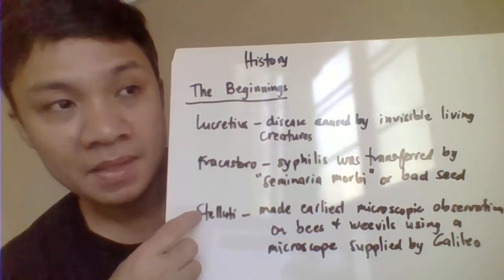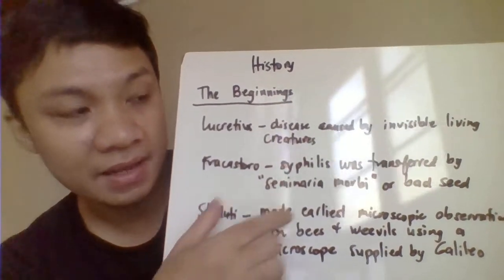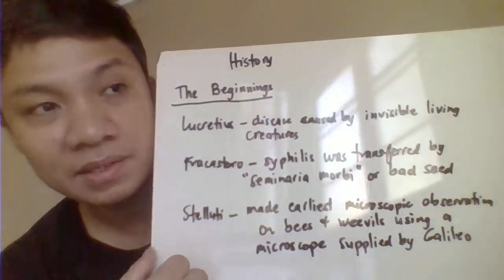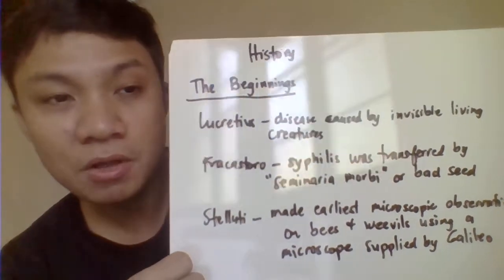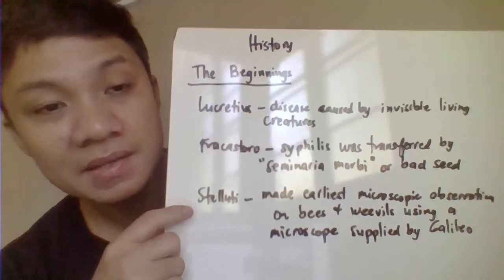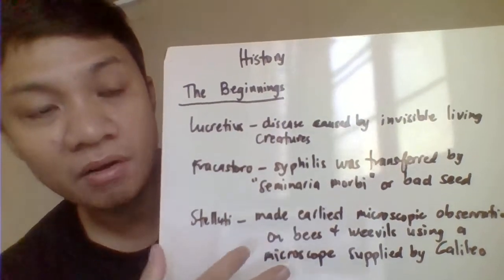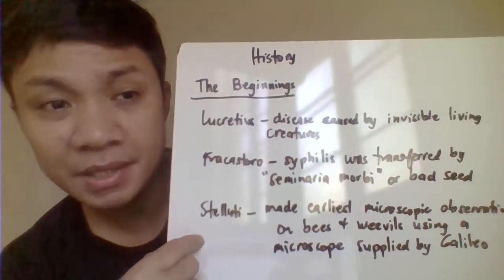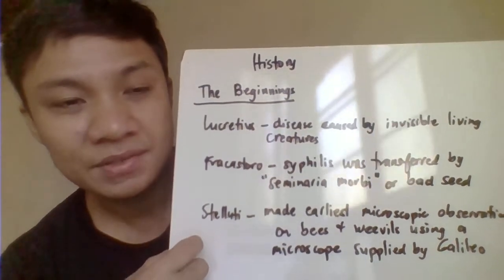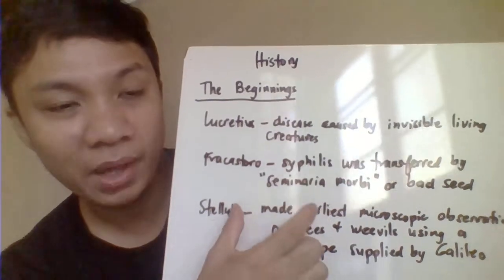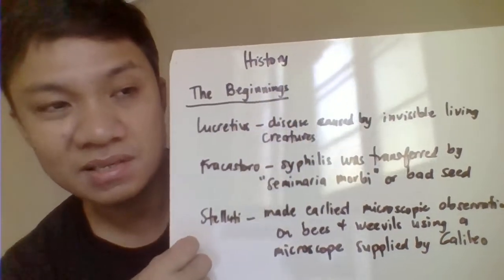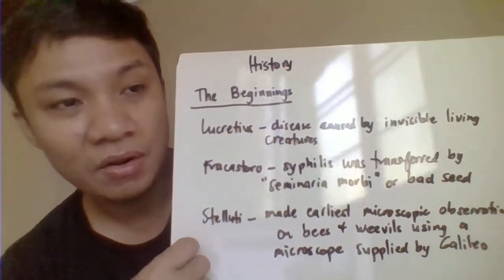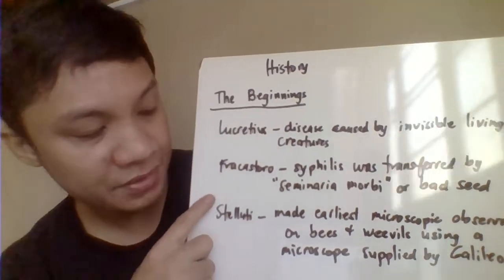It's transmitted by seminal fluid, although it's not only transmitted by sexual contact but also by blood transfusion. So basically, Fracastoro's assumption that syphilis is caused by the bad seed, or Seminaria morbi, is correct.